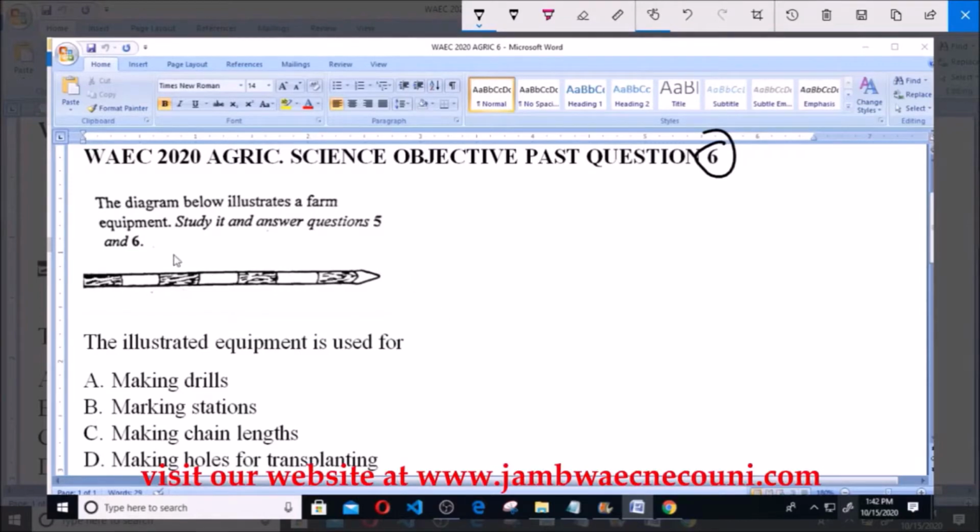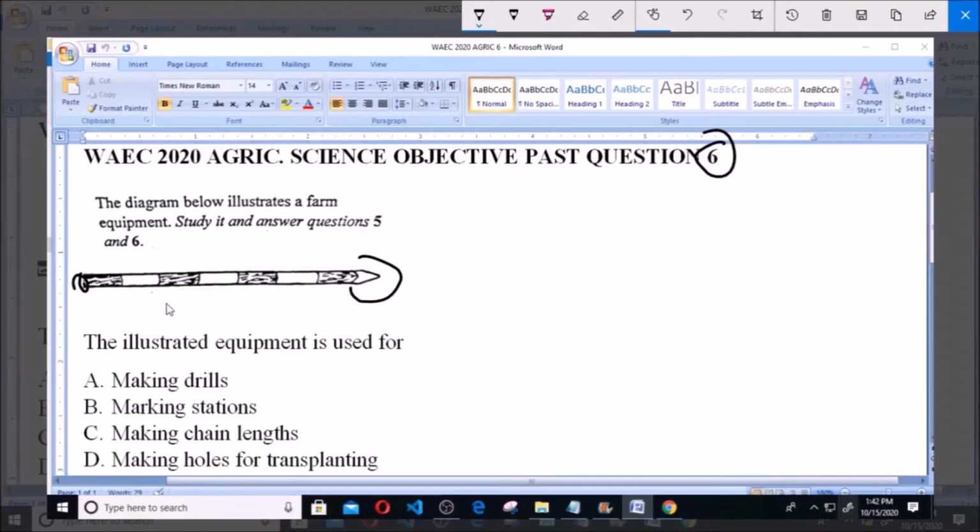So the description of this equipment is, okay, a pole with one pointed end and the other end rounded, and it is painted black and white. So this equipment, as we established in question 5, is a ranging pole.